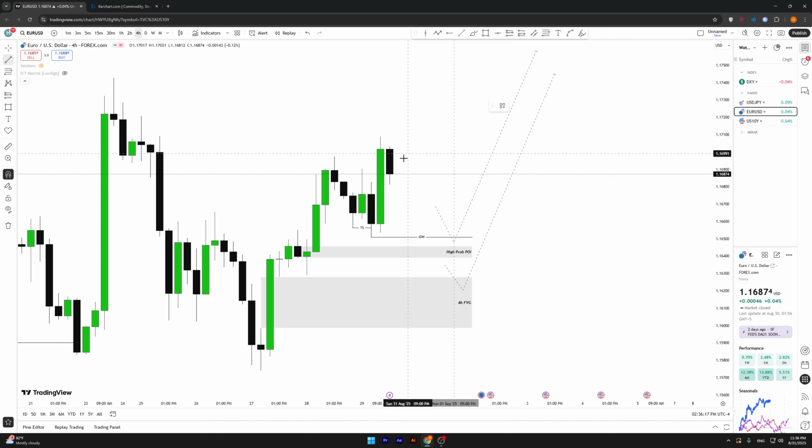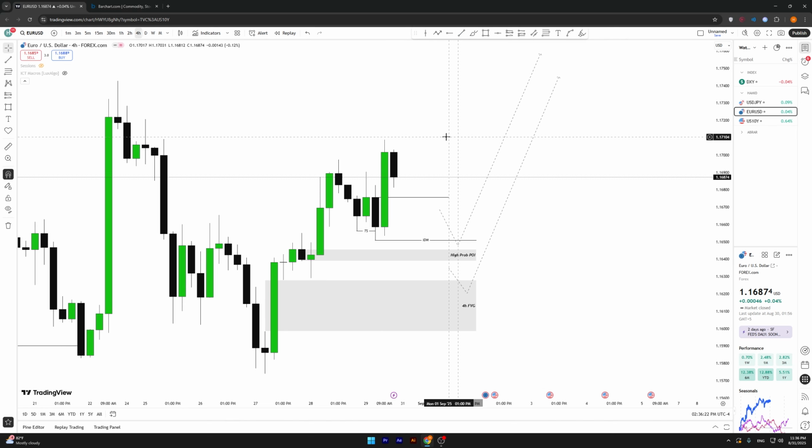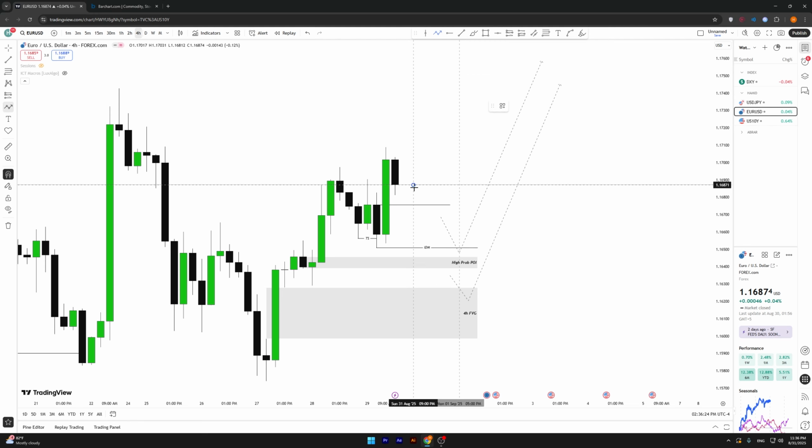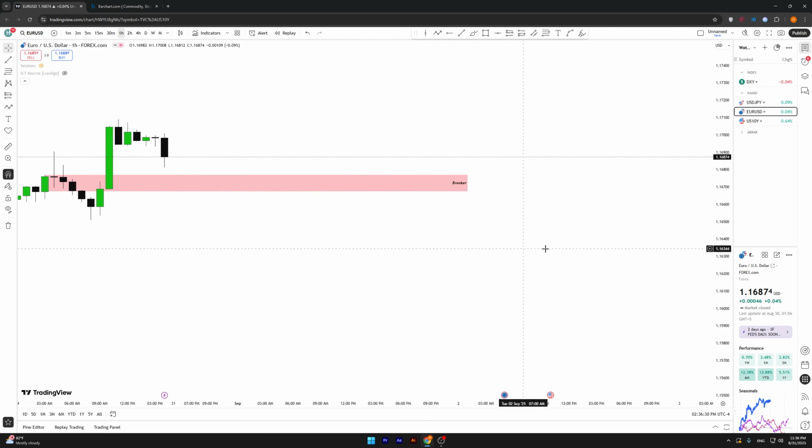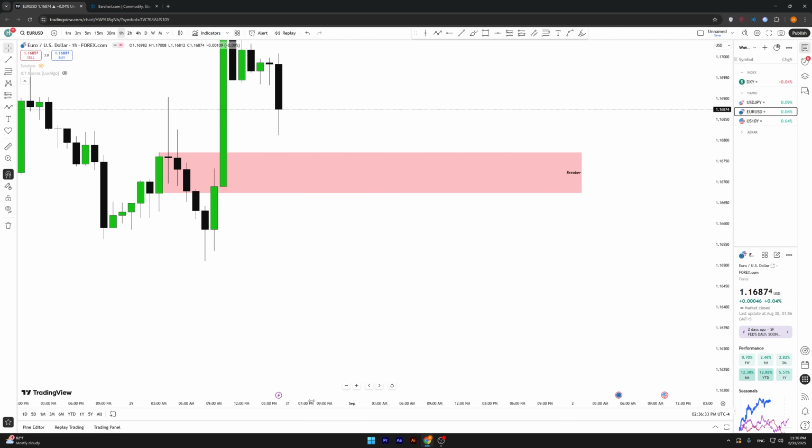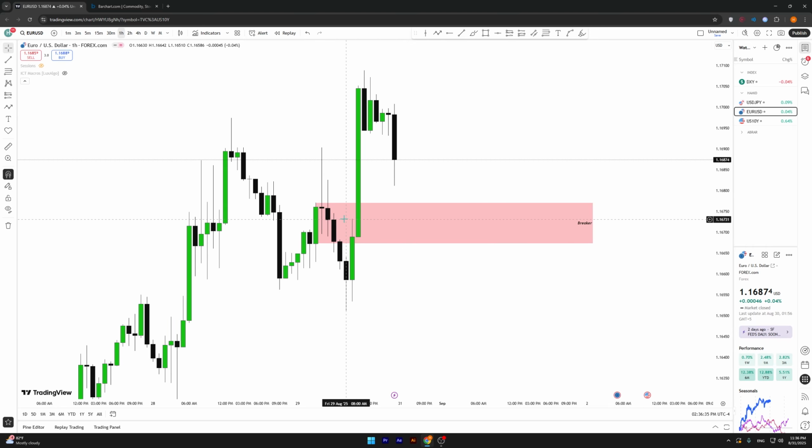And I have already marked this zone because this is a valid order block and internal liquidity, so I can expect price to move from this to the upside, because we have some valid zones in 1 hour. As you can see, this is a FVG and this is a breaker block, because price first swept the low and then the high.